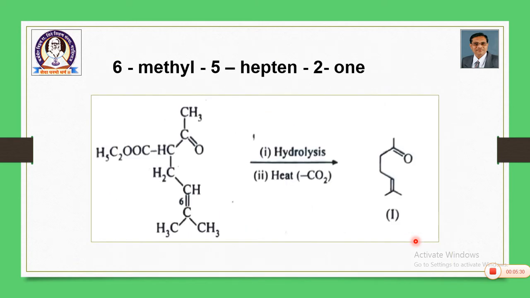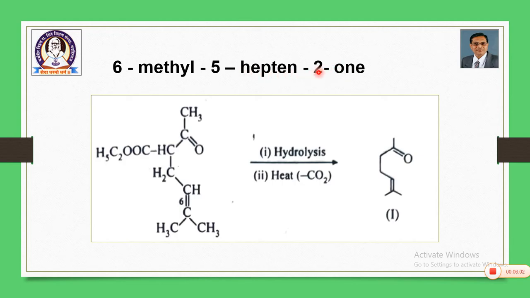So, it undergoes addition at this position, and CH3CO, CHCOOC2H5. This ethyl acetoacetate portion is added to the system, which on hydrolysis is converted into acid and then decarboxylation, hydrolysis and decarboxylation. We get 6-methyl-5-heptene-2-one.